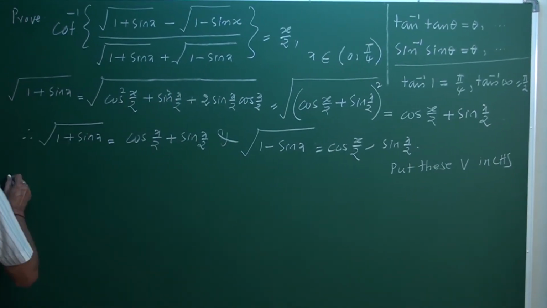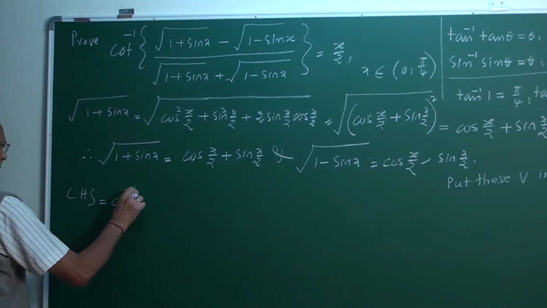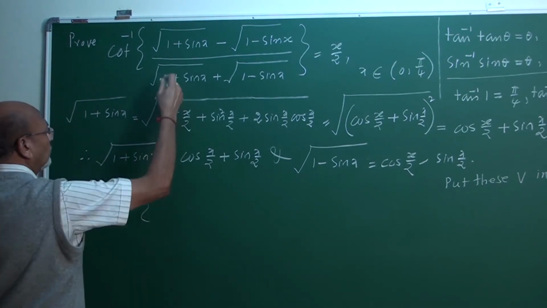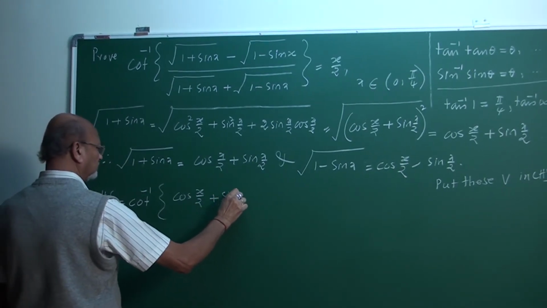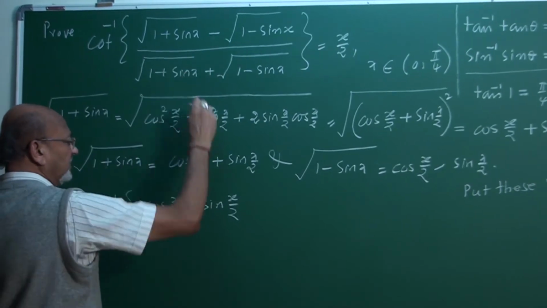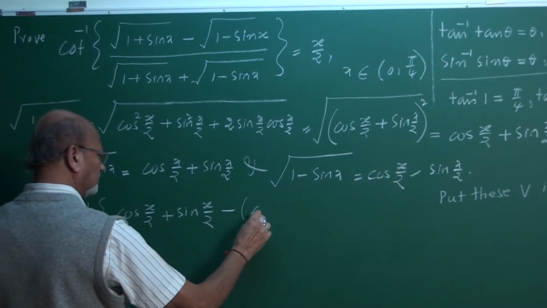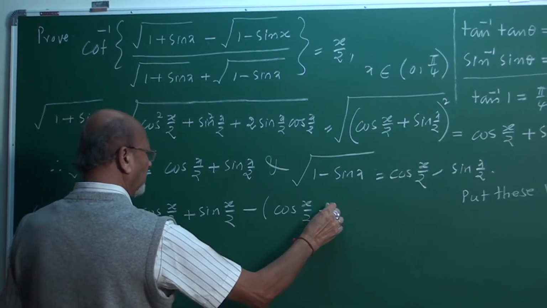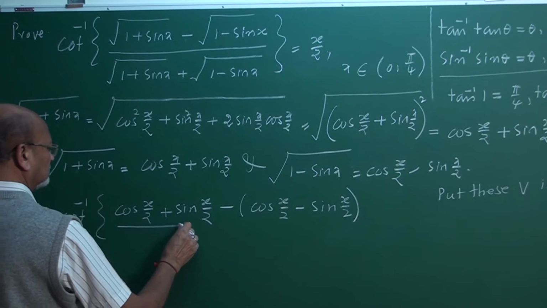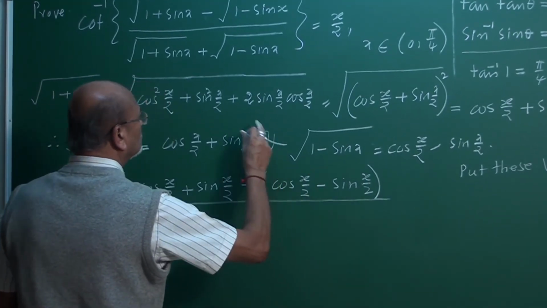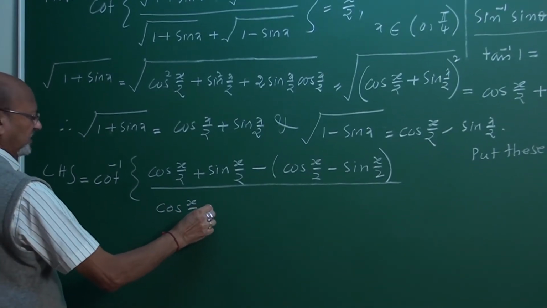This is the LHS: cot inverse of the above, cos x by 2 plus sin x by 2 minus, and I use a bracket for this, cos x by 2 minus sin x by 2, over the denominator: cos x by 2 plus sin x by 2.